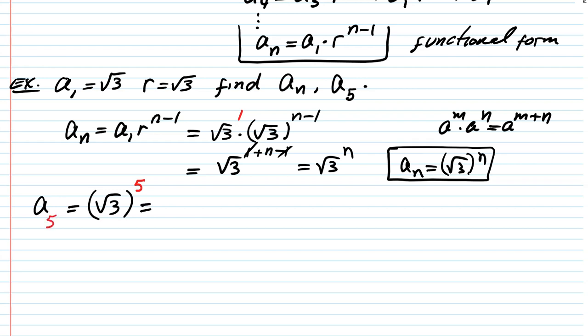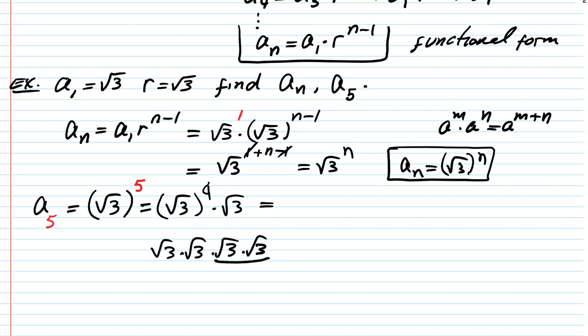Cool. And square root of 3 to the 5th, well, that's like square root of 3 to the 4th times square root of 3, right? And square root of 3 to the 4th, that's root 3, root 3, root 3, root 3, like that. That's going to be 9 root 3. Or you can just list square root of 3, but that's how you can do it.